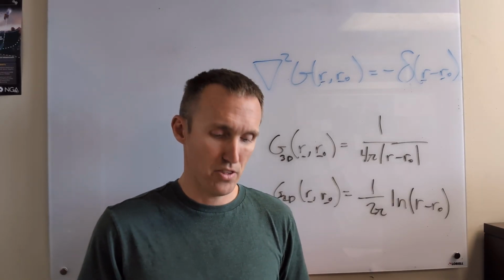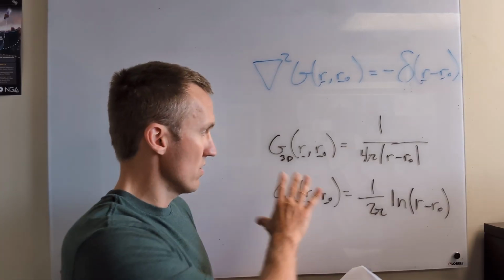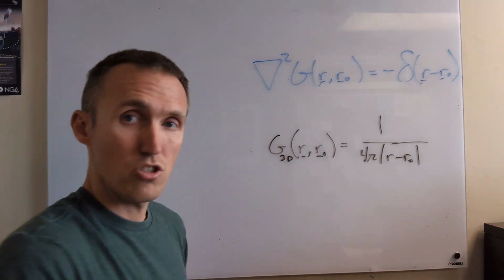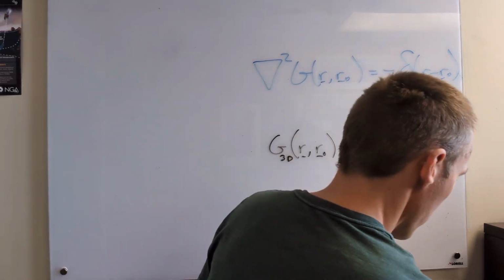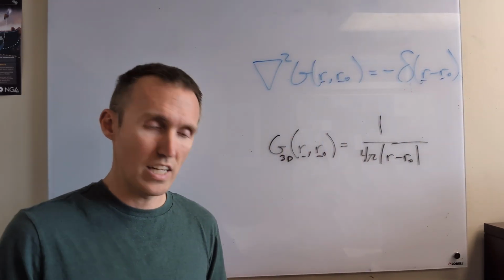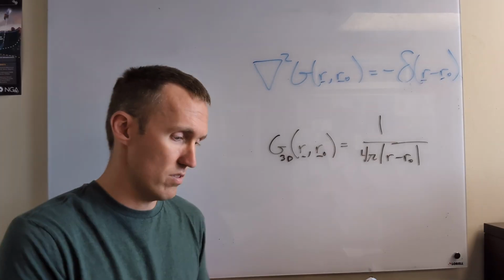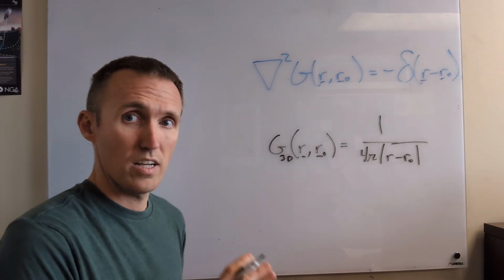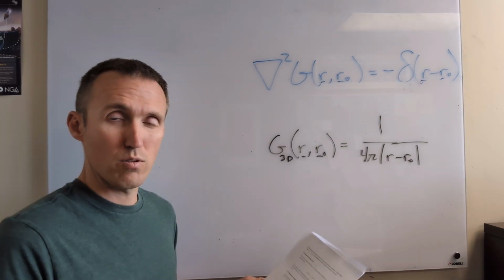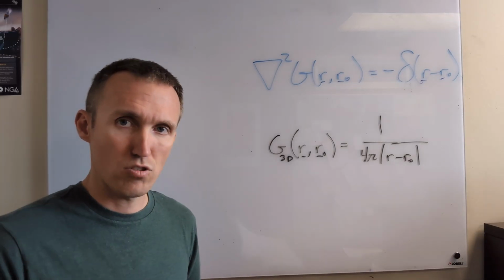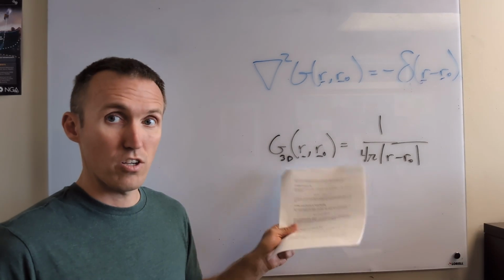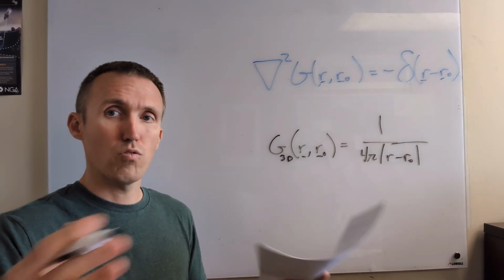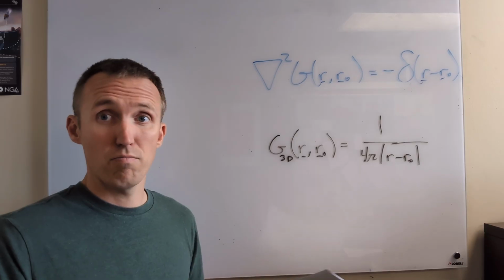One more thing I'll say about the Green's function is, let me get rid of the 2D case. So Green's function in 3D, if we have an arbitrary density distribution, we can calculate the potential. So our total potential, in order to get the potential of an arbitrary mass distribution, we're just going to integrate the Green's function, which is for a particular point, over the distribution of mass, basically.